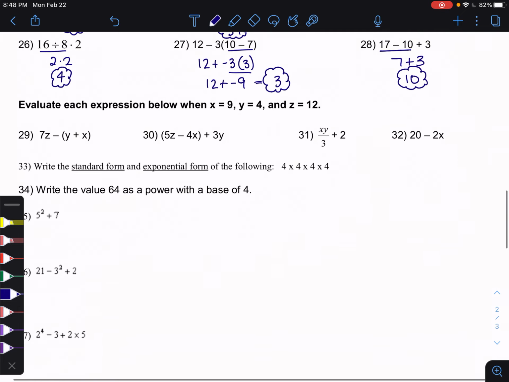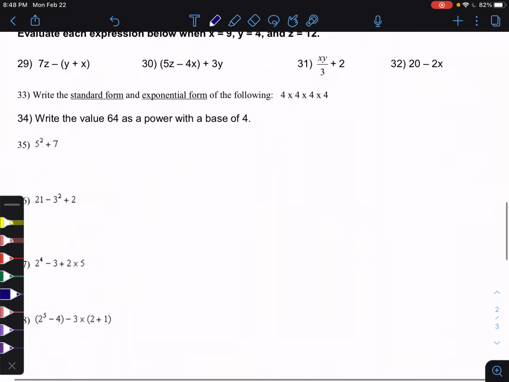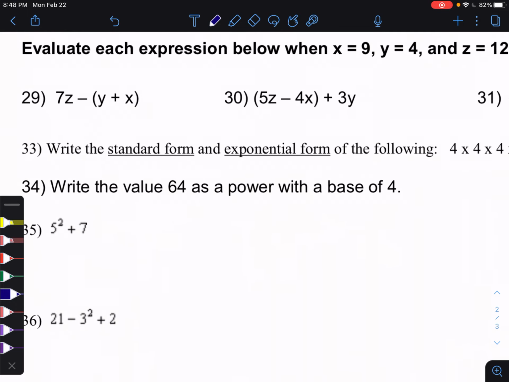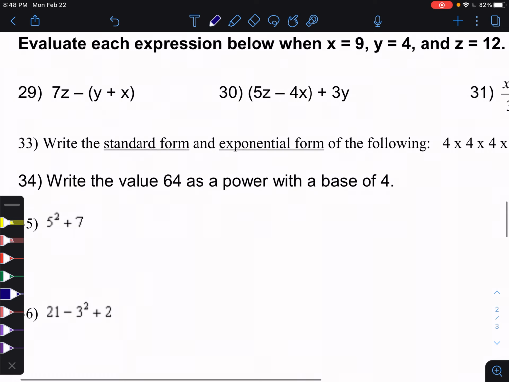29, 30, 31, and 32, we are going to evaluate. So again, plugging in those values and then simplifying using order of operations. So for number 29, I've got 7 times 12. I'm going to do plus negative 1 to get rid of the minus sign. And then 4 plus 9.